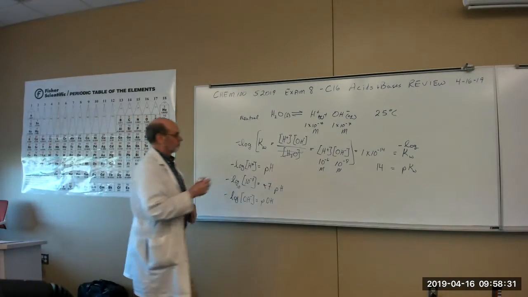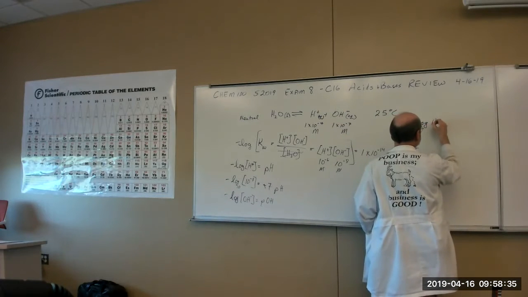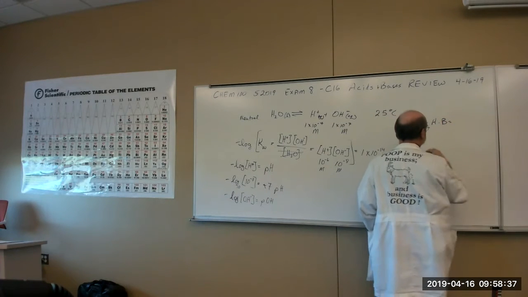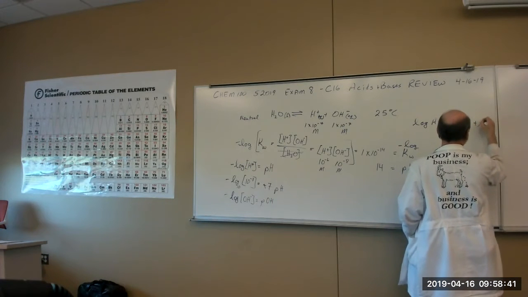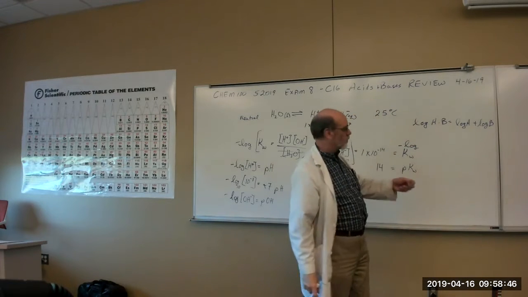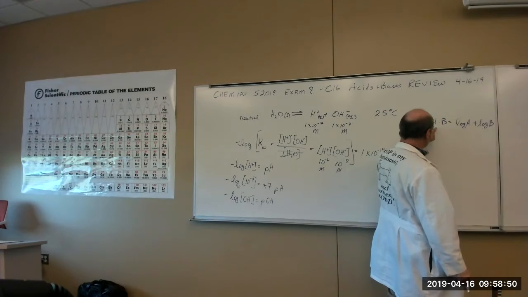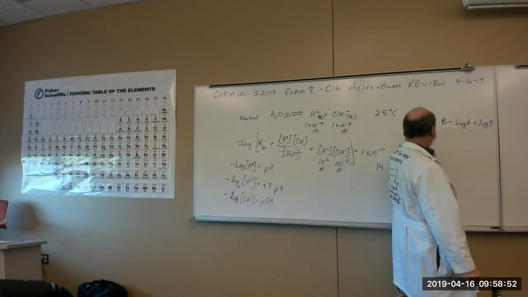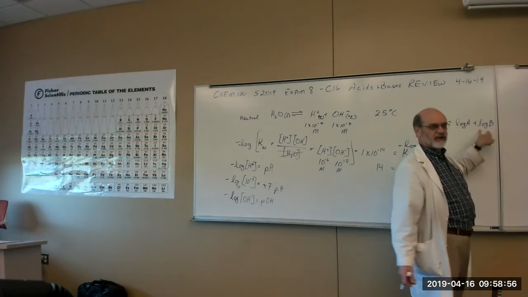Remember? This is one of the rules of logarithms: the log of A times B equals the log of A plus the log of B. So if we take the negative log of that, negative log of A is pA, plus pB.